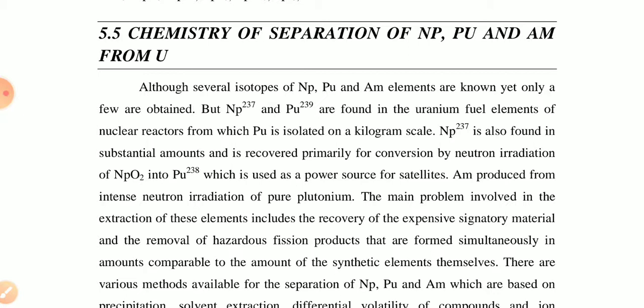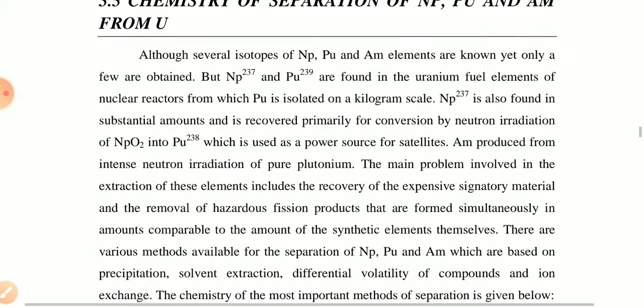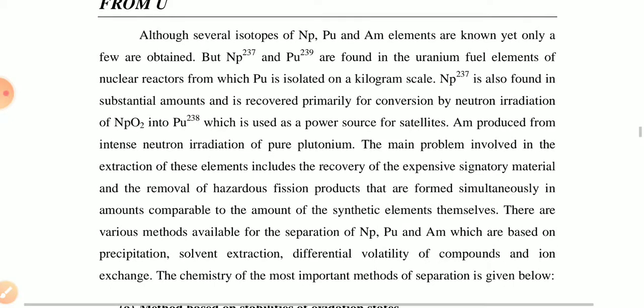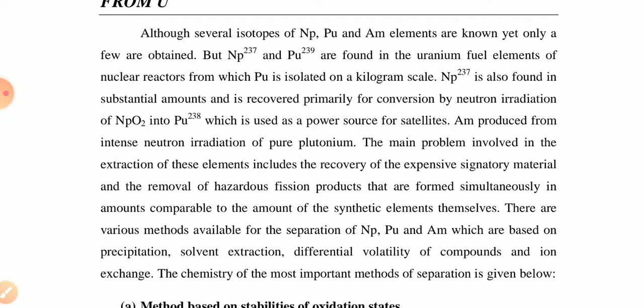In the uranium fuel element of the nuclear reactor, plutonium is isolated on a kilogram scale. Np-237 is also found, produced by the conversion method by neutron radiation.